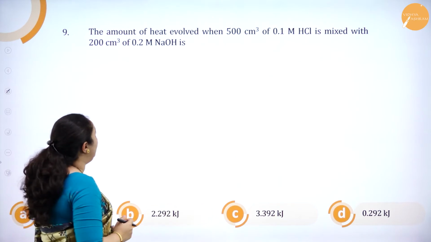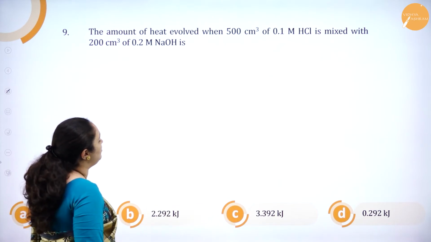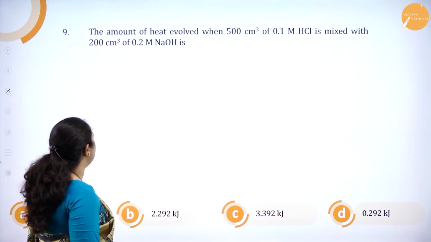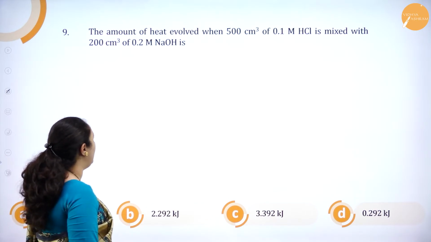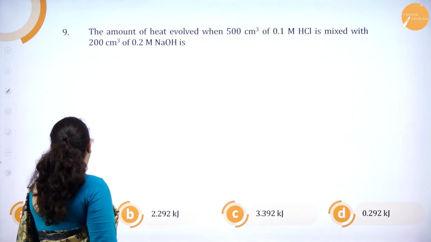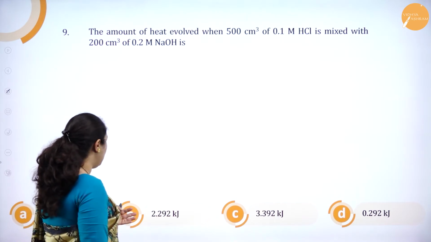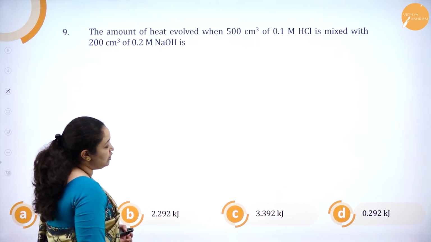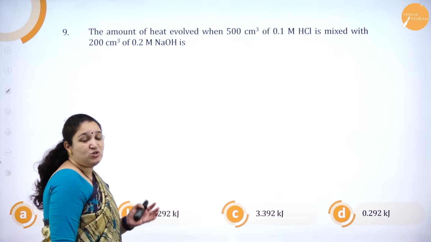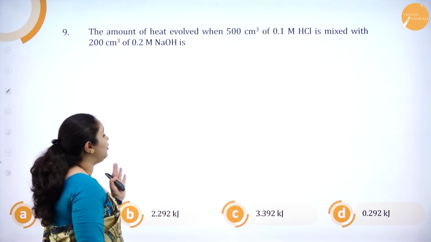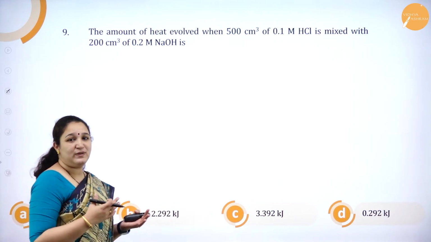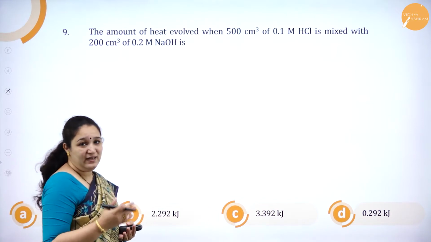The amount of heat evolved when 500 cm cube of 0.1 molar HCl is mixed with 200 cm cube of 0.2 molar NaOH is: 1.292 kilojoules, 2.292 kilojoules, 3.392 kilojoules, 0.292 kilojoules. So you have to calculate what is the amount of heat evolved, that is heat of neutralization of an acid with a base, that is with HCl and NaOH.